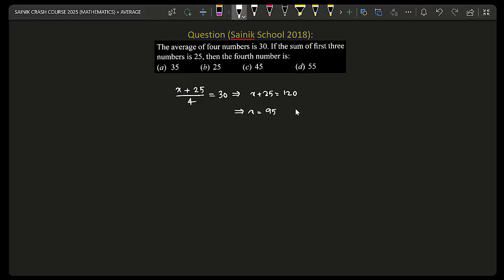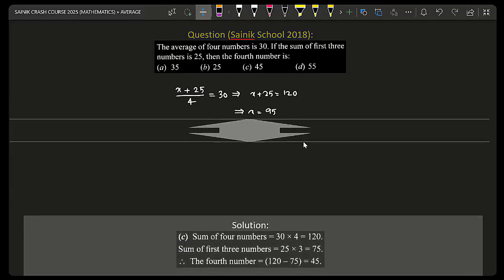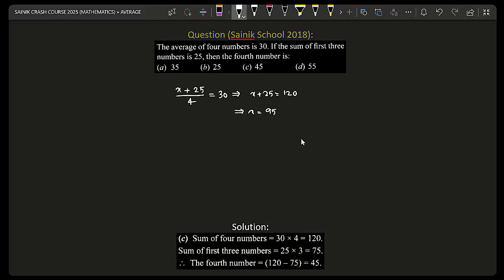Average of four numbers is 30. Sum of first three is 25 and the fourth number. I think some error is there in the question, but 95 is the correct answer. In the solution, they said the sum of four numbers is 120.